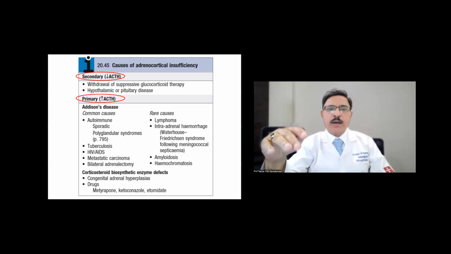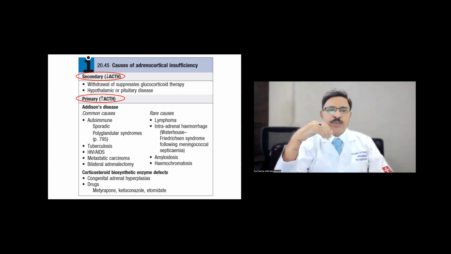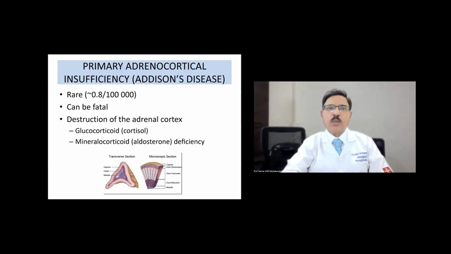And bilateral adrenalectomy due to some disease of hyperfunction. You remove both the adrenals, then he goes into hypofunction, just like when you remove the thyroid by thyroidectomy, he goes into hypothyroidism. Okay, corticosteroid biosynthetic enzyme defects: congenital adrenal hyperplasia, CAH, is the most important of the enzyme defects. Drugs like metyrapone, ketoconazole, etomidate are the important ones.